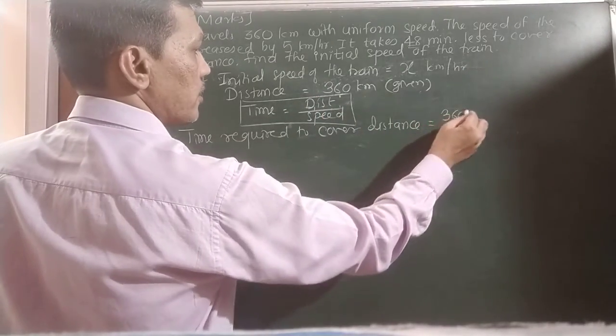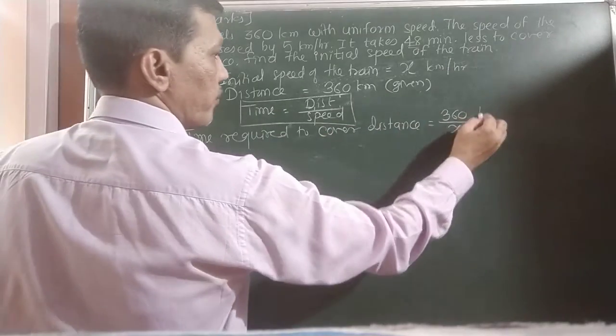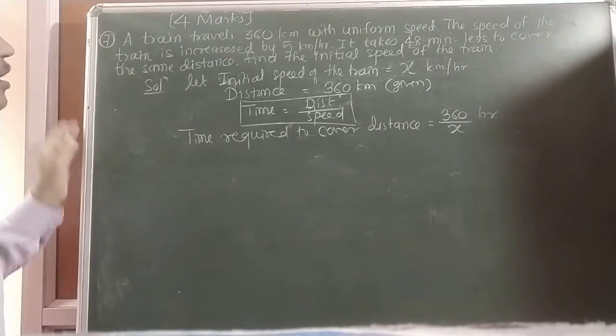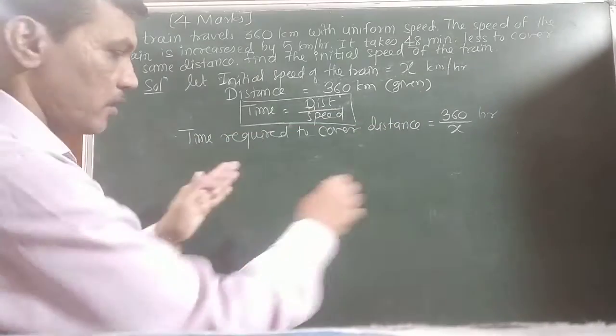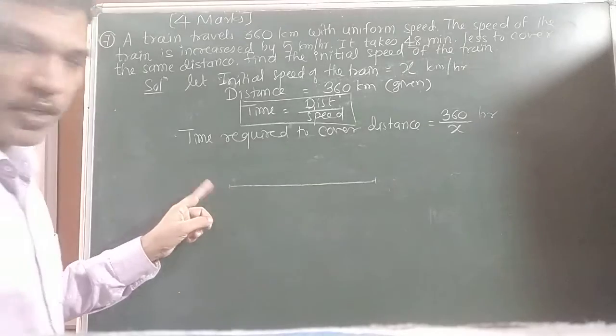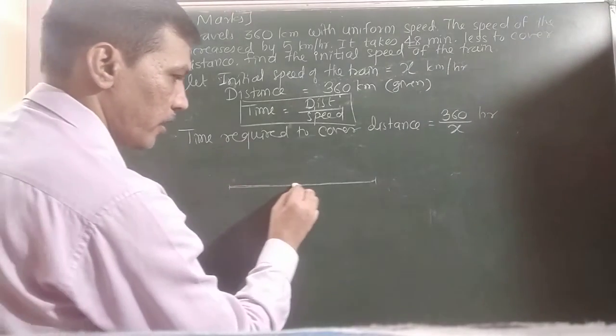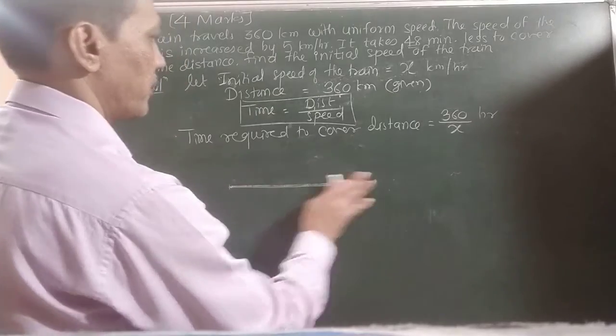Distance 360, speed is what? X. So this is the time required, which is in hour. Barabar? See, the train is going at a uniform speed. Uniform means same speed. Suppose we are going to the village by train, so the speed of the train is uniform, same speed. It is called uniform speed.